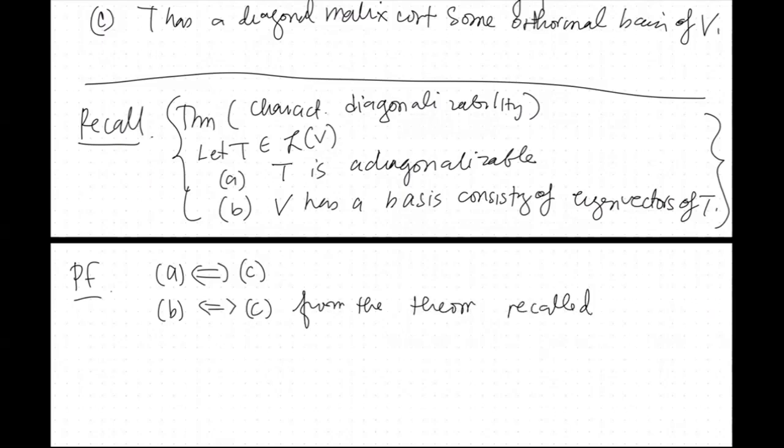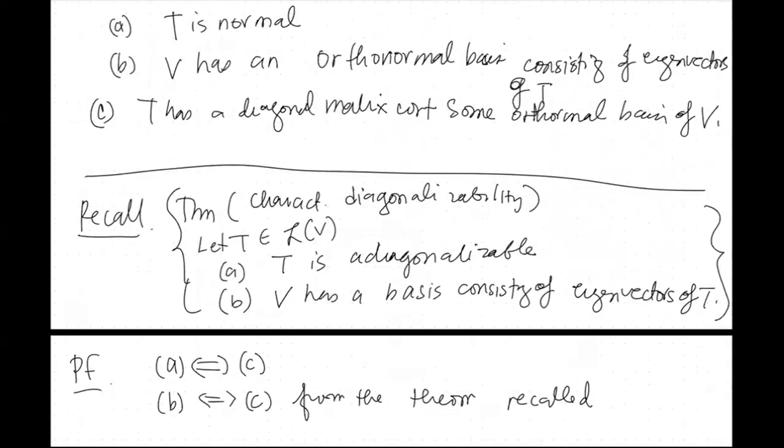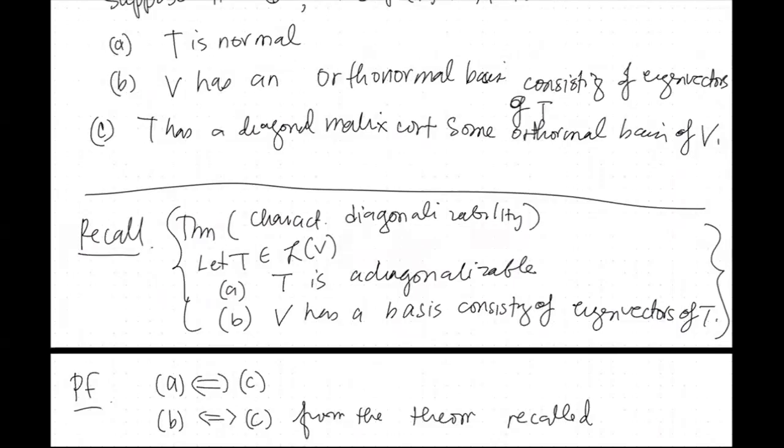So here we have a diagonal matrix and an orthonormal basis with respect to that, and that is obvious with the other characterization, 5.41, equivalent conditions to diagonalizability.